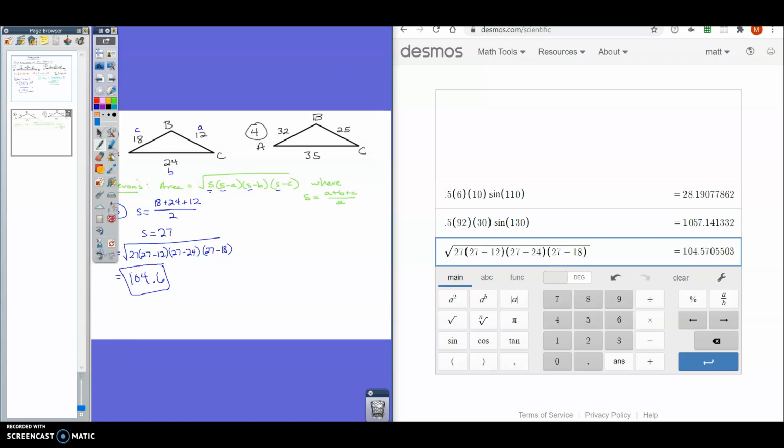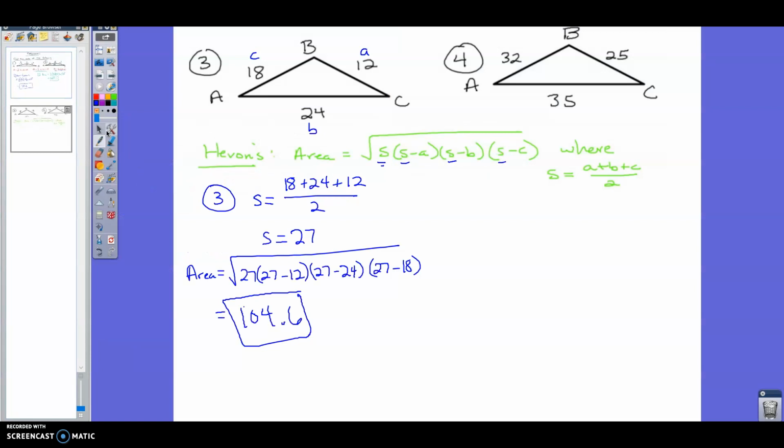Okay, so for number 4, we're going to do the same thing. This time, though, we just have different numbers. The first thing we need to do is to find our semi-perimeter, which is S, so we take all of our sides. If you need to label them, you can, but as long as you use everything, it's okay.